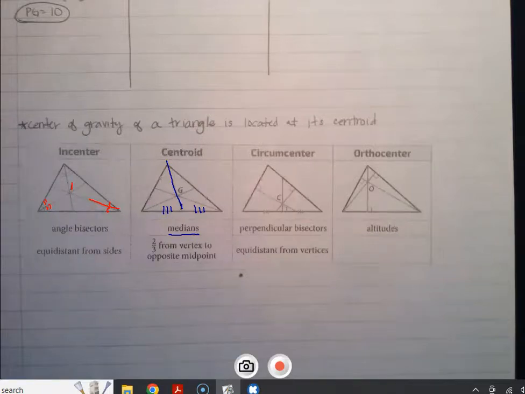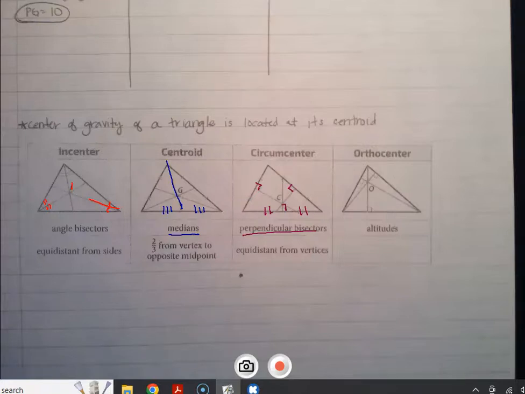For your circumcenter, you're looking for perpendicular bisectors. So it's bisecting, and these are 90-degree angles. It's kind of like the median: these sides are equal, like it cut it in the middle, but it goes vertical. It does not go through the vertex like the centroid does.